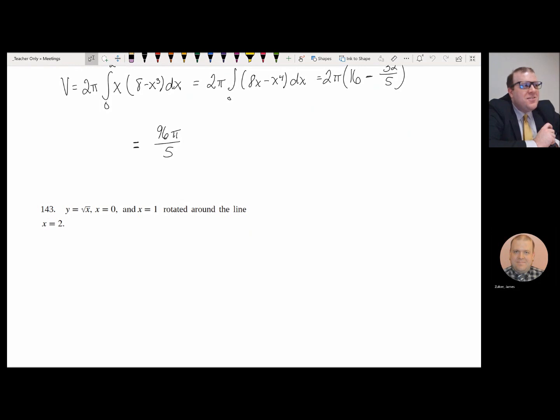Oh wait, it's not a function. Right, square root of x looks like something like that. So you're not drawing the bottom part? So what's x equals 0? A vertical line.